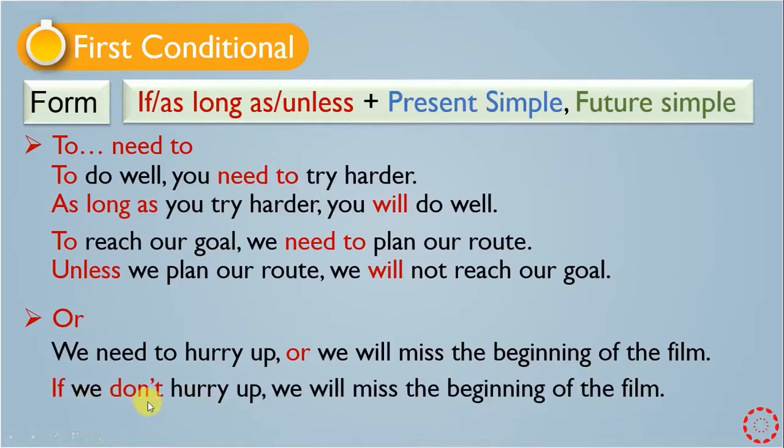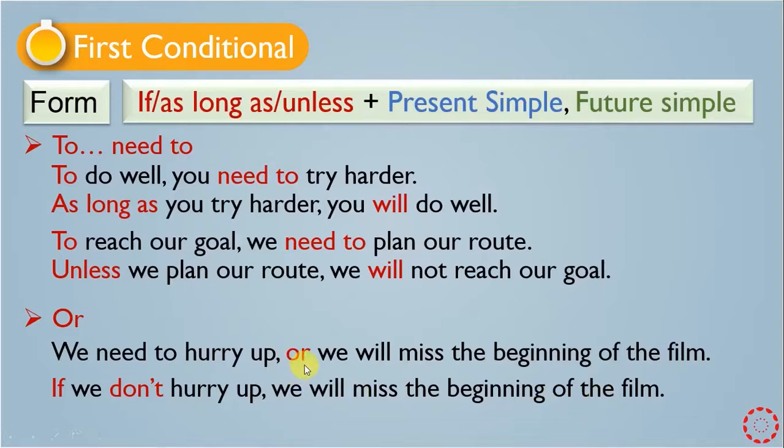We change the form from positive to negative, because "or" here plays a negative role. If we don't hurry up, this is the negative form, we will miss the beginning of the film.